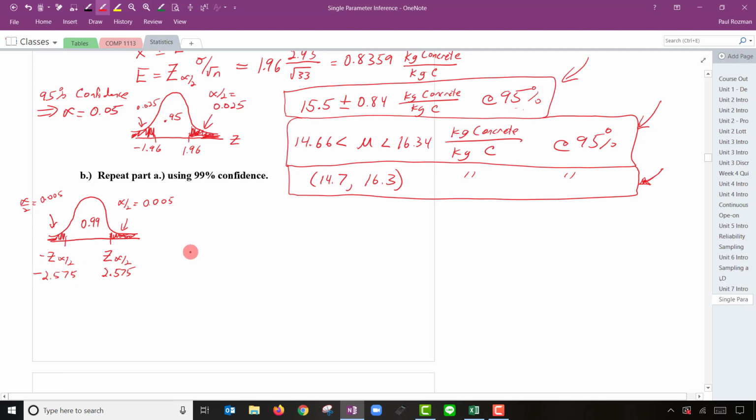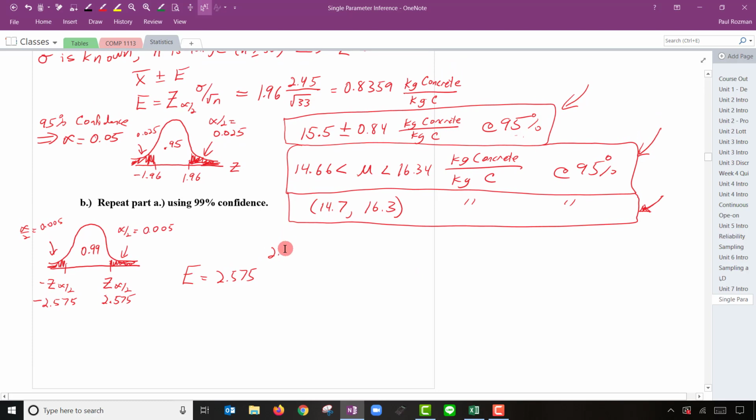And then we can just recalculate the error with 2.575. And our sigma was 2.45. And our n didn't change. We're just constructing a 99% confidence interval for the exact same data. We get 1.098 kilograms of concrete per kilogram of carbon consumed in the process.